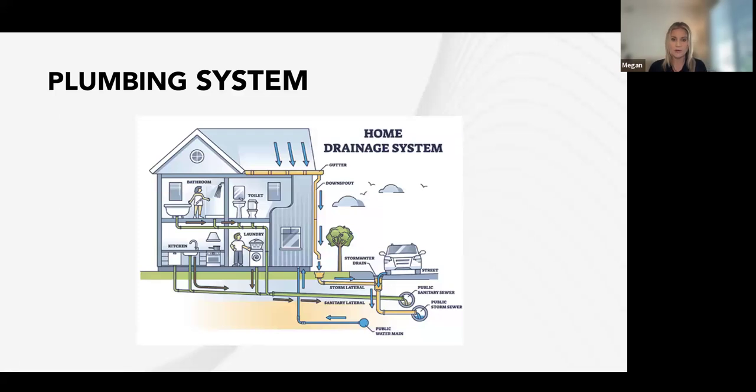So, the plumbing system. When you think about your drain lines, you're thinking about when you flush your toilet, run your kitchen sink, or use your garbage disposal. All of these pipes are based on gravity, and typically you will find cast iron, ABS, or clay underneath your home.